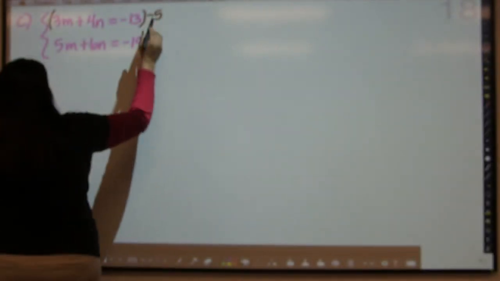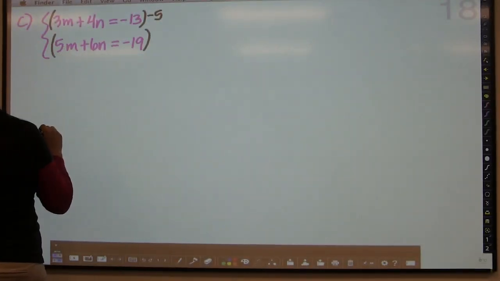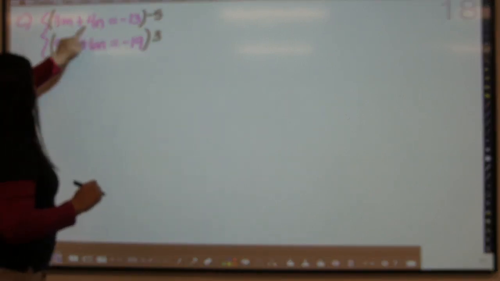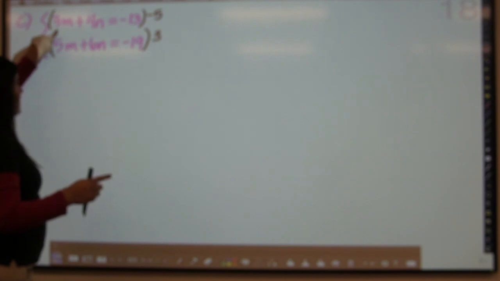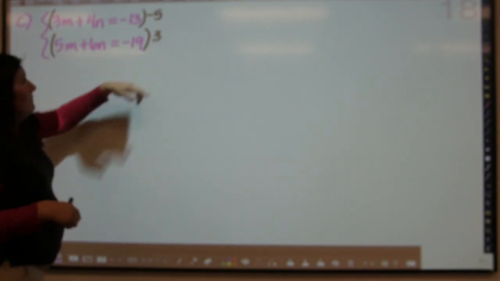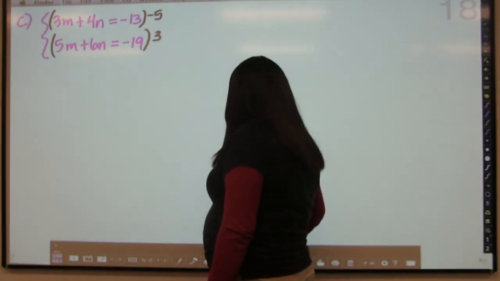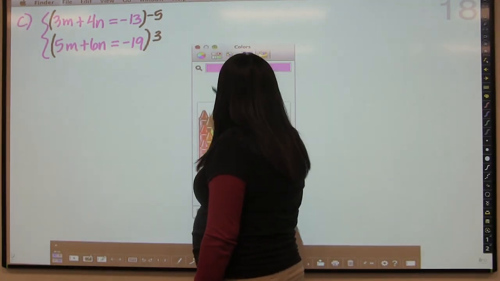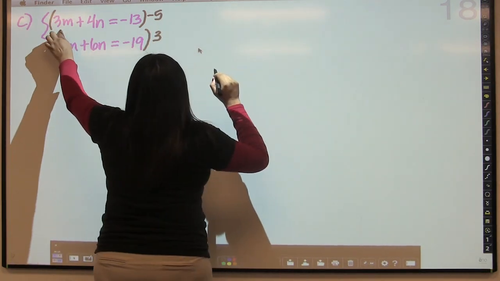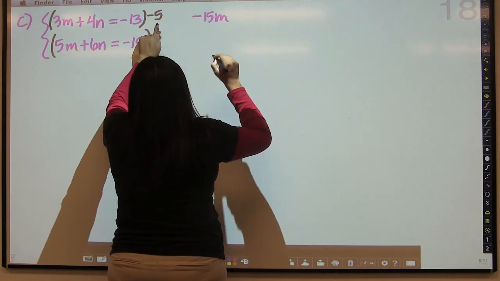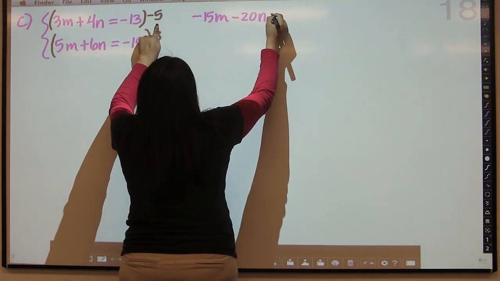So I'm going to take the top equation and multiply it by negative 5, and the bottom equation and multiply it by positive 3. And the reason for that is because negative 5 times 3m is going to be negative 15m, and 5m times positive 3 will be positive 15m. And that is how I'm planning to eliminate the m variable. So let's do that. This is going to be 3 times negative 5, negative 15m. 4 times negative 5 is negative 20n.